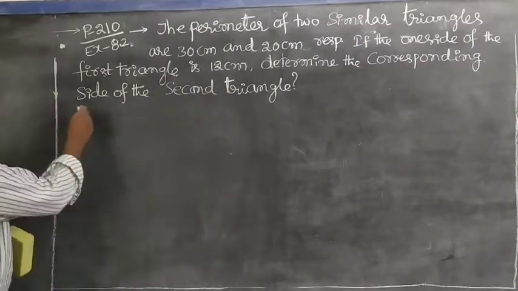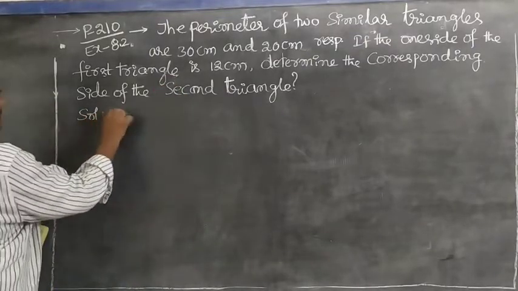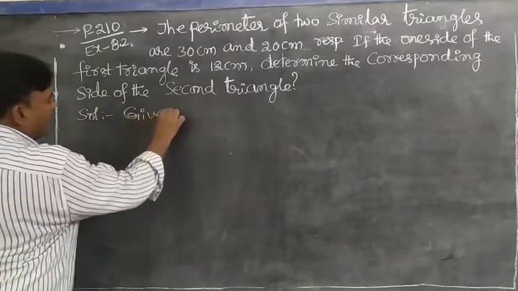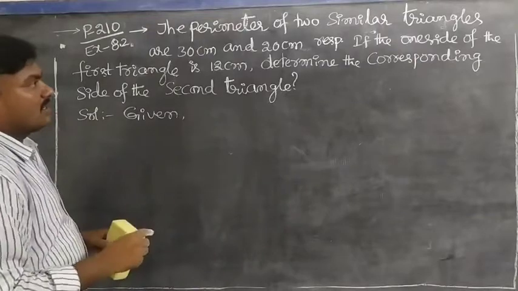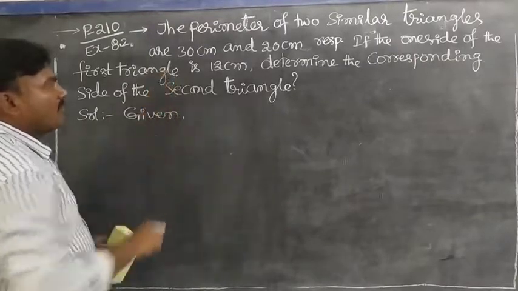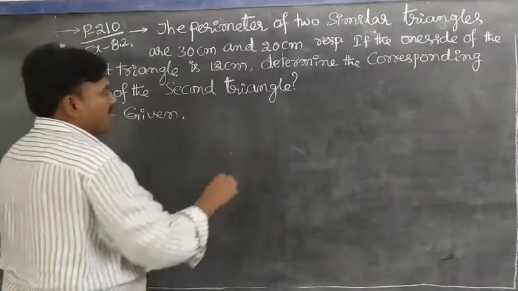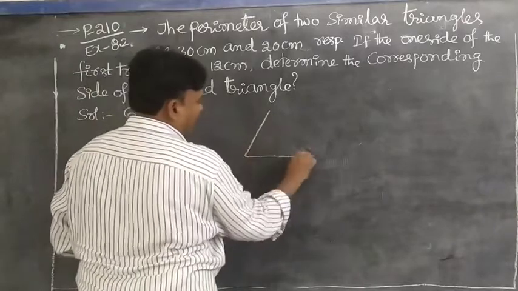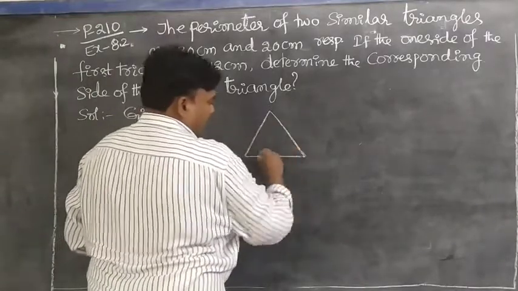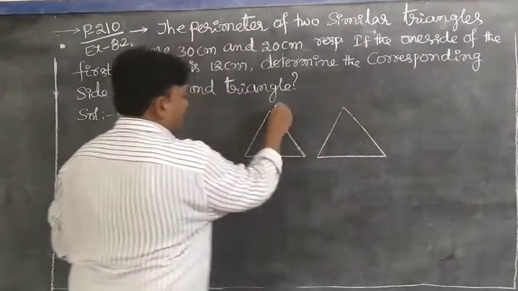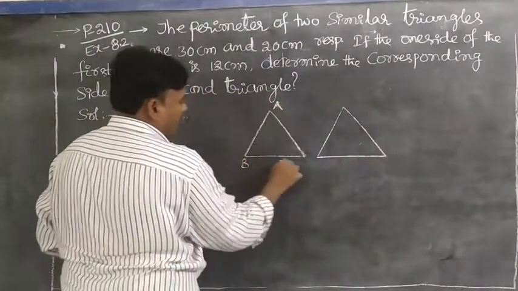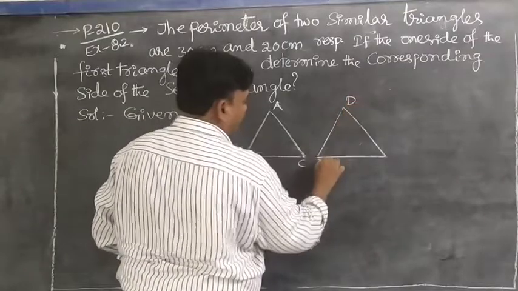Okay, how to approach the solution, observe, students. First of all, according to the problem, two triangles are similar and both triangles' perimeter values are given. So let me draw a rough diagram, students. Let me take triangle ABC and also DEF as usual.